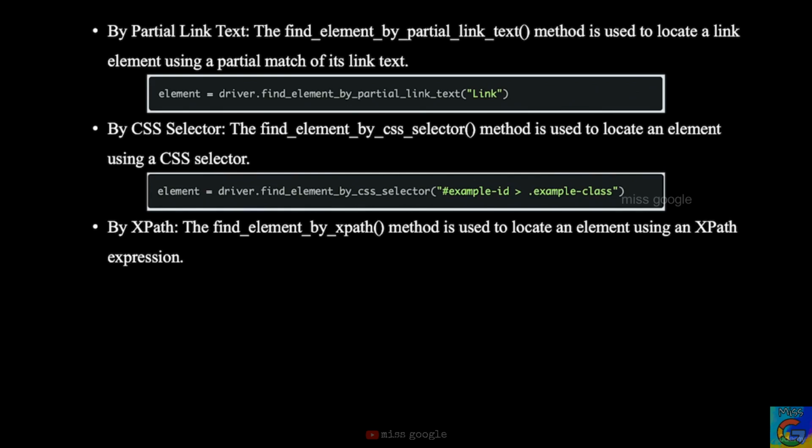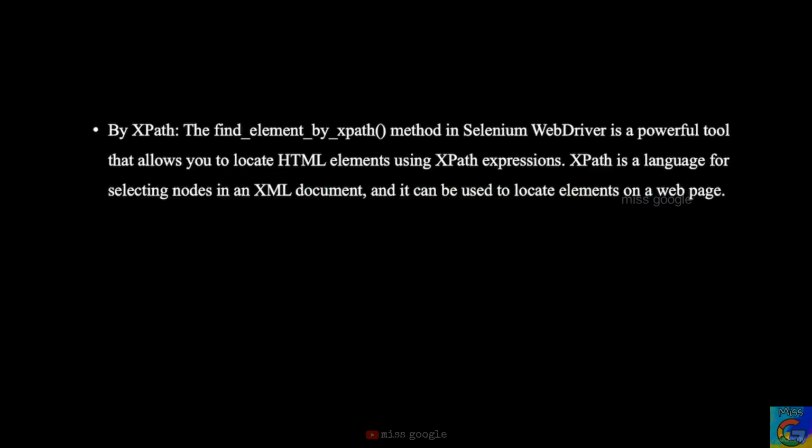So looking into the XPath method, the XPath method allows you to locate HTML elements using the XPath expression. So the XPath language is used well, and in this example, the first thing, of course, is to import the Selenium WebDriver module and initialize a Chrome driver.